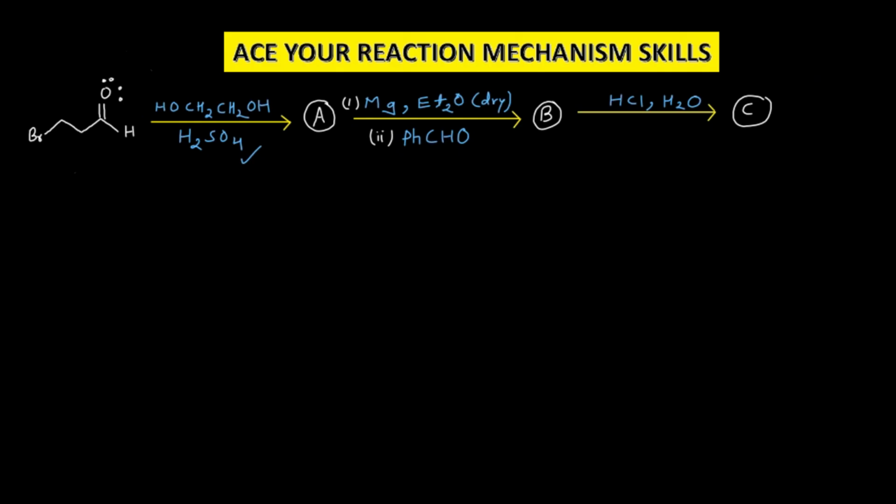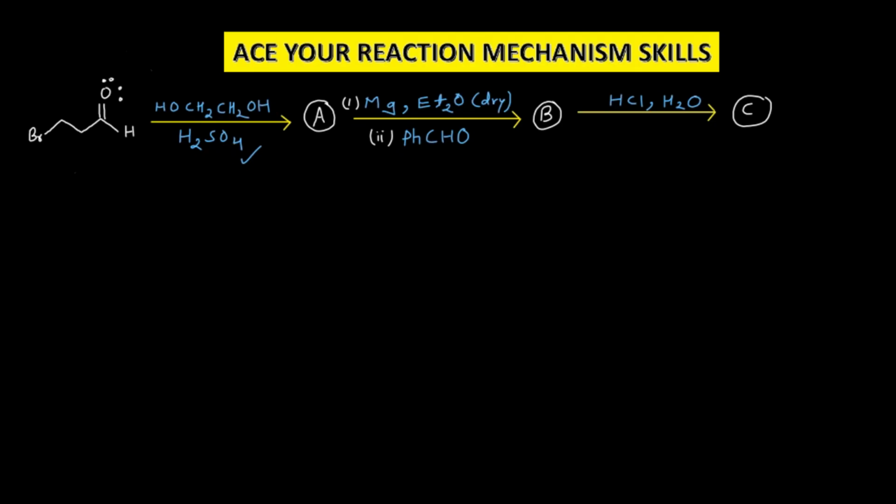Okay, so this is the problem where you have been given this aldehyde, which is of course substituted with bromine on the beta carbon. So this is the functional group, this is the alpha carbon, this is the beta carbon, and that beta carbon has the bromine. That means a beta-halo aldehyde type of compound is given here, and this is ethylene glycol in presence of sulfuric acid.